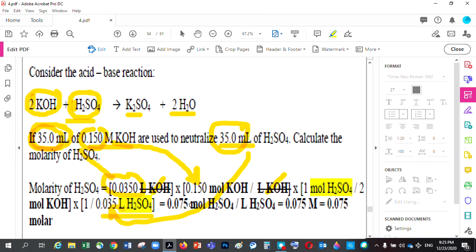So with the whole calculation, 0.035 multiplied by 0.150 divided by 2, and then the whole thing divided by 0.035 liter, I get 0.075 mole per liter as 1 unit, or 0.075 capital M, or 0.075 molar. So there are three types of expressing the molarity: mole per liter, capital M, or molar.